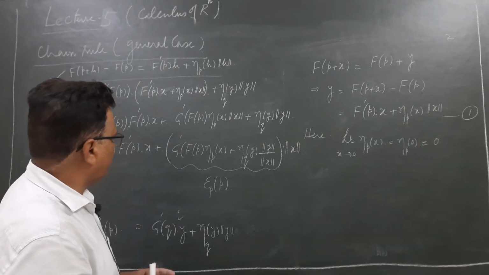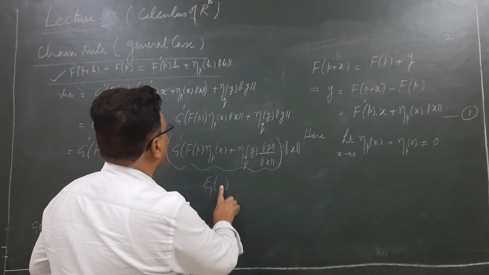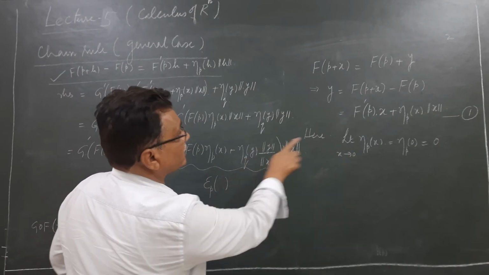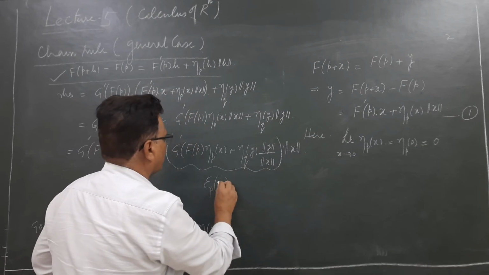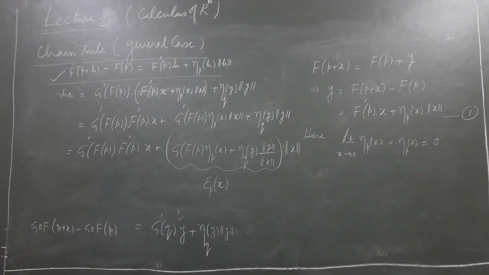This is eta p of x, in fact. It is a function of x also. Y is also a function of x. So, I will call it epsilon p x. So, what I want to see now is whether this tends to 0 and it is a continuous function at 0 or not.